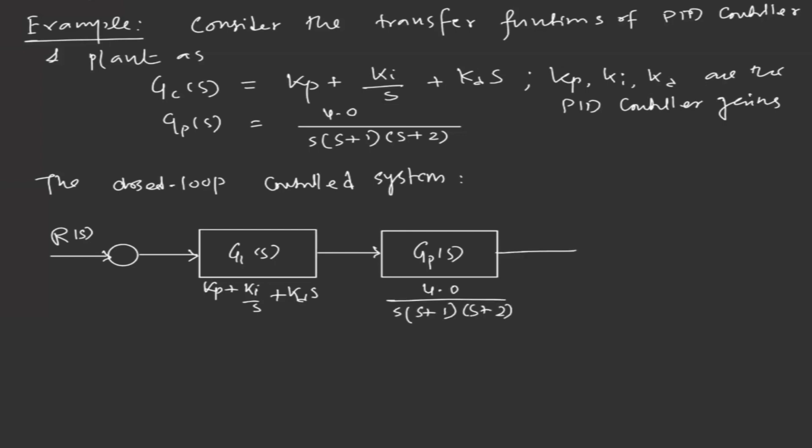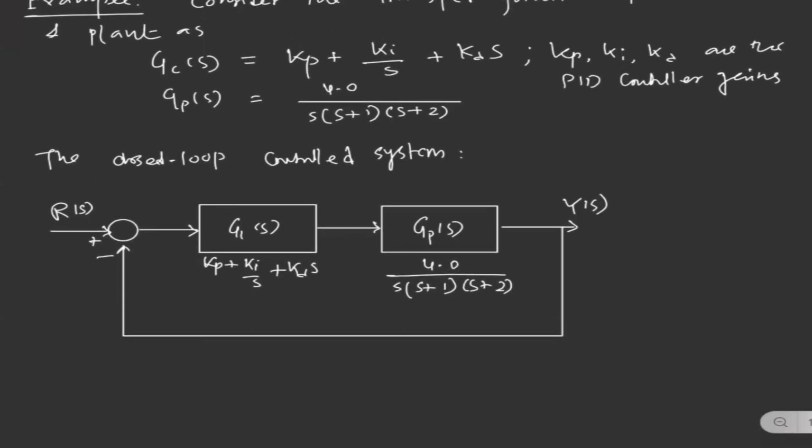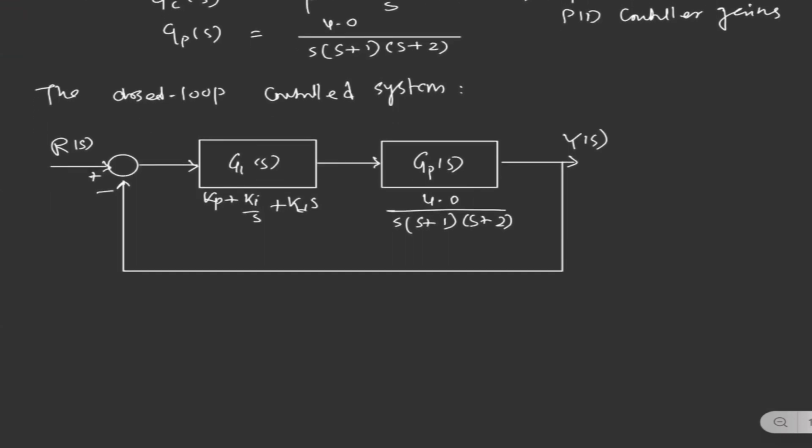This is the plant output, and this is the negative feedback. This is the problem we are given, and we have to design the PID controller.